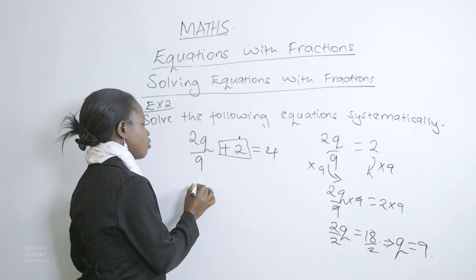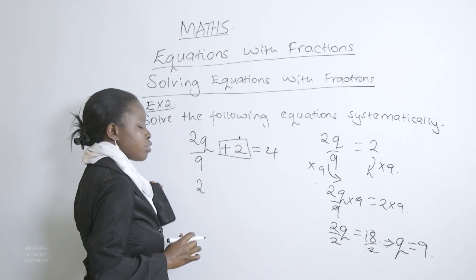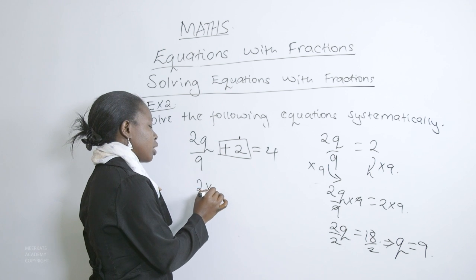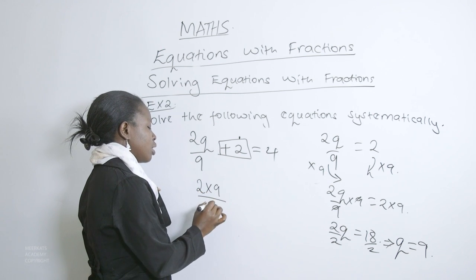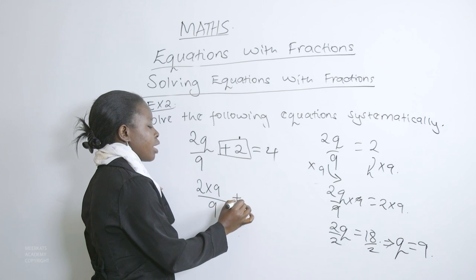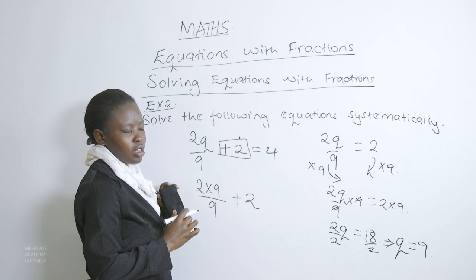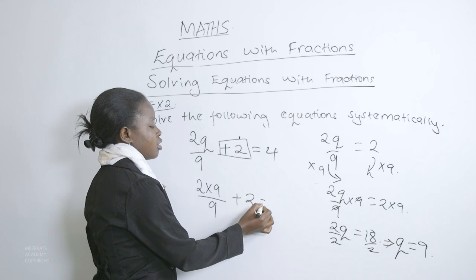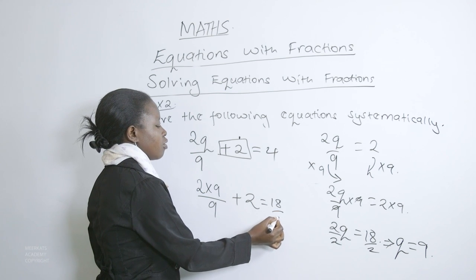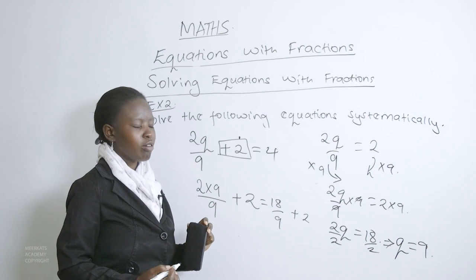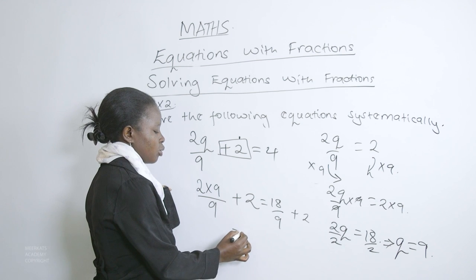So that we will have 2q means that 2 times q. So this will be 2 multiplied by 9 divided by 9 plus 2. 2 times 9 is 18. So we have 18 over 9, then plus 2. And 18 over 9 is simply 2.